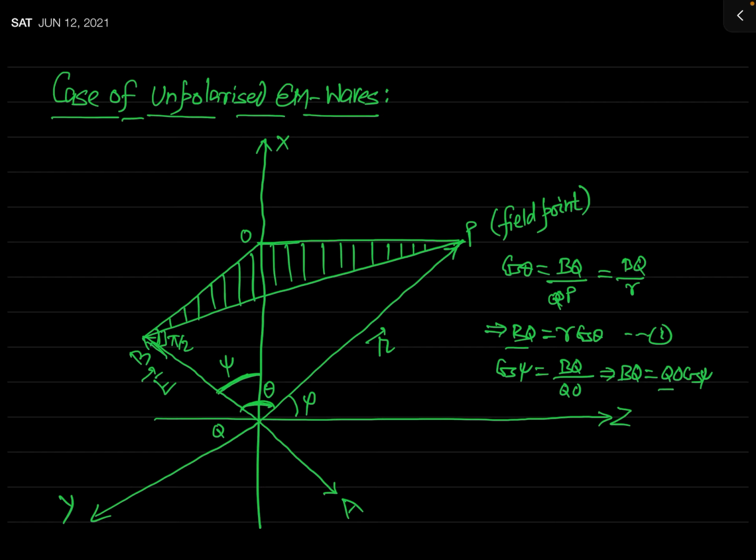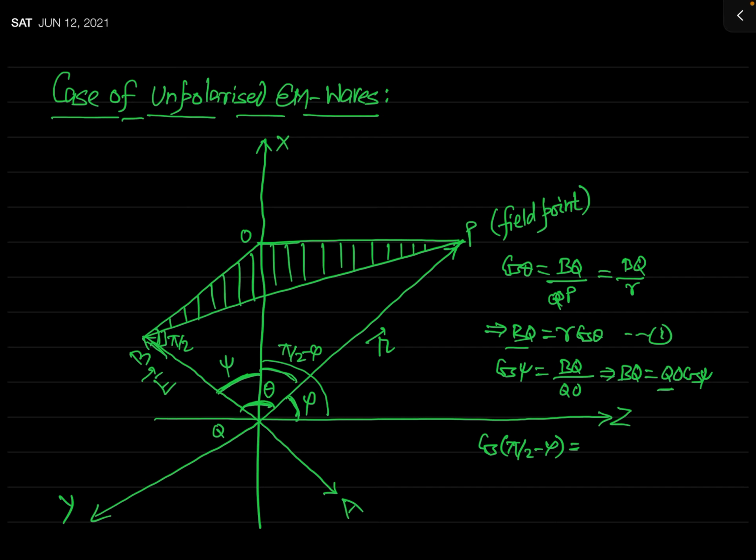Now I would like to find the value of this QO, and for that you can see what will be this angle. See this, actually this total angle from here to here is 90 degree, that is pi by 2, and this is angle of scattering phi. So this angle will be in fact pi by 2 minus phi. So from the triangle OPQ you can find the value of cos of pi by 2 minus phi.